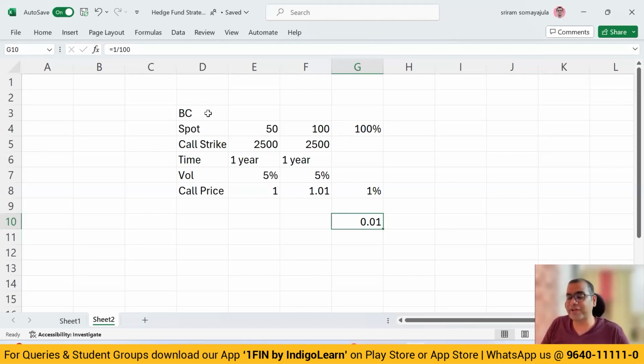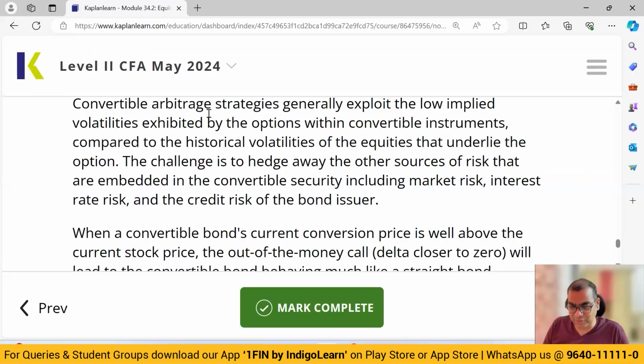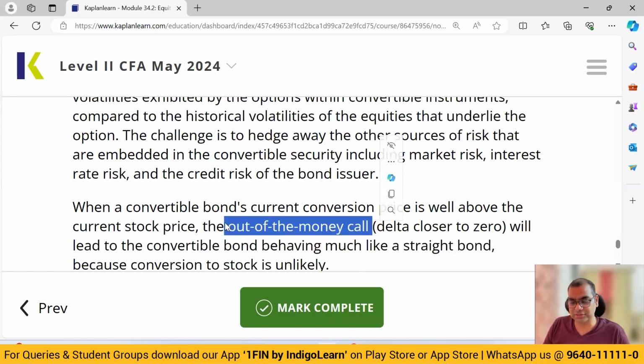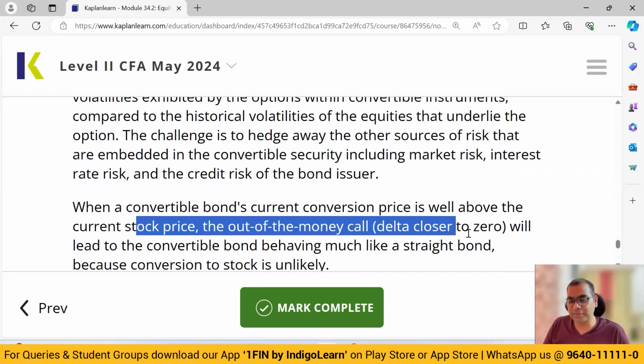So it is some way of hedging. Okay, so that is what delta is, very, very simply put: change in price of the option by change in price of the stock. Here we are saying out of the money call, delta is close to 0, which is what we just saw.